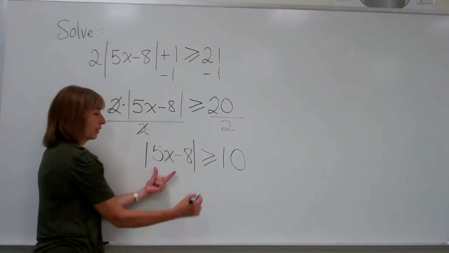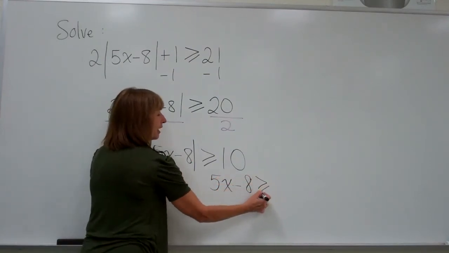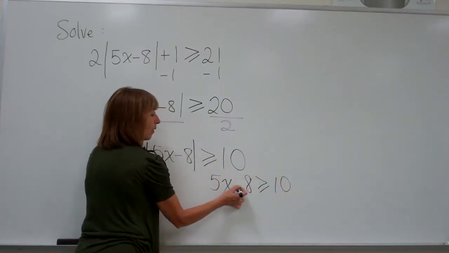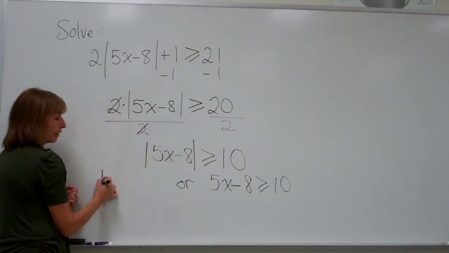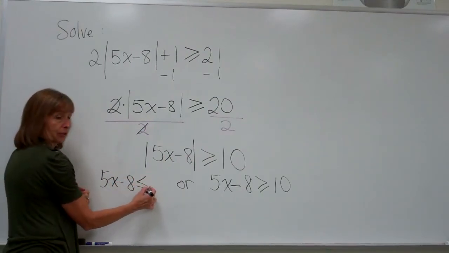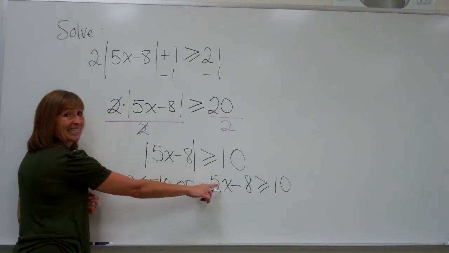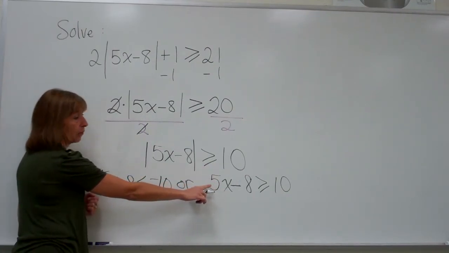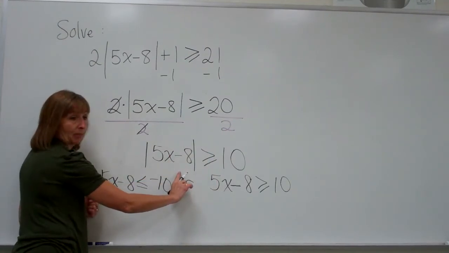So let's rewrite that. We have that our 5x minus 8 is greater than or equal to 10, or it could also be true that our 5x minus 8 is less than or equal to negative 10. Notice the first one we write is exactly identical to the original inequality once we got it with the absolute value expression on a side by itself.